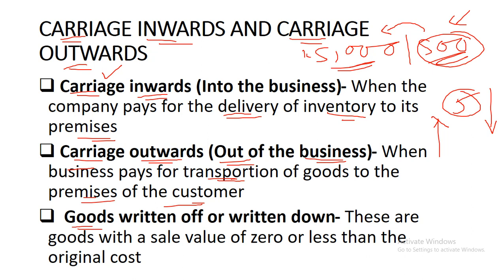Then goods written down or written off. Sometimes, for one reason or the other, inventory can lose value. So maybe you've got a case of Mojo, I don't know how much it is, but I'll just say maybe 100 kwacha.